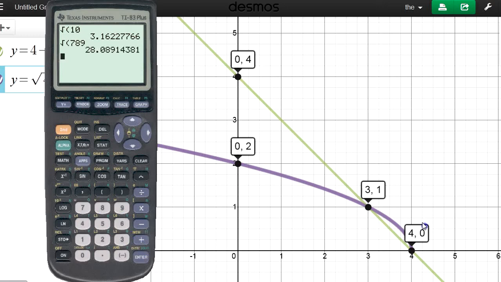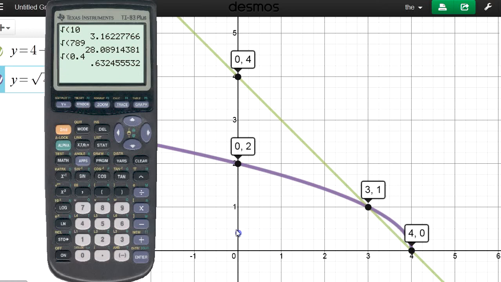But if you try numbers that are less than 1, bigger than 0, so you try something like square root of 0.4, that gives you a number that's bigger than 0.4. Square root of 0.4 is 0.63 and all the rest of that there. The number is bigger. Therefore, the graph ends up being above the original graph. So you can use these points to divide up what's going on here.